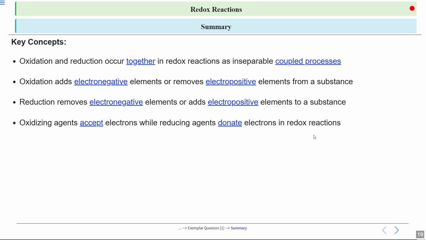So in the redox reaction, we can say that the oxidizing agent facilitates the oxidation of another substance by accepting electrons from it. And the reducing agent facilitates the reduction of another substance by donating electrons. Okay?